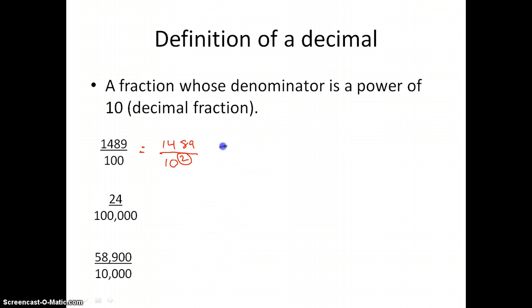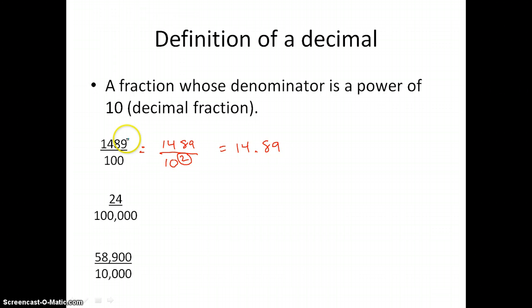So that means that we can rewrite this as 14 decimal 89 hundredths, that's 8 tenths, 9 hundredths, 89 hundredths. Well, 1,489 is obviously an improper fraction over 100. So you can get 14 groups of hundreds, but you're going to have 89 left over, so 89 hundredths.